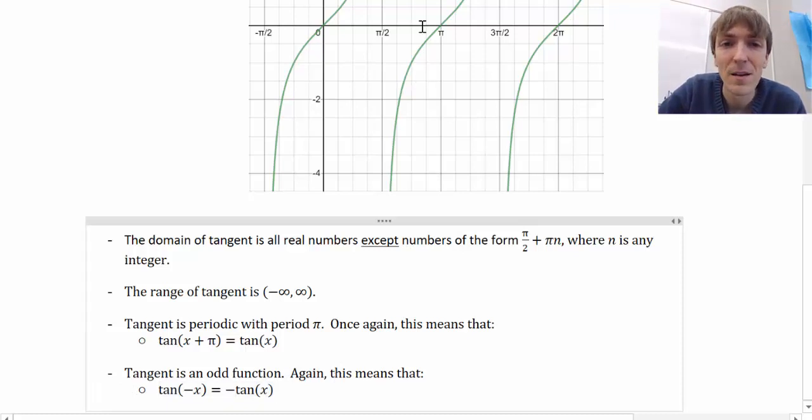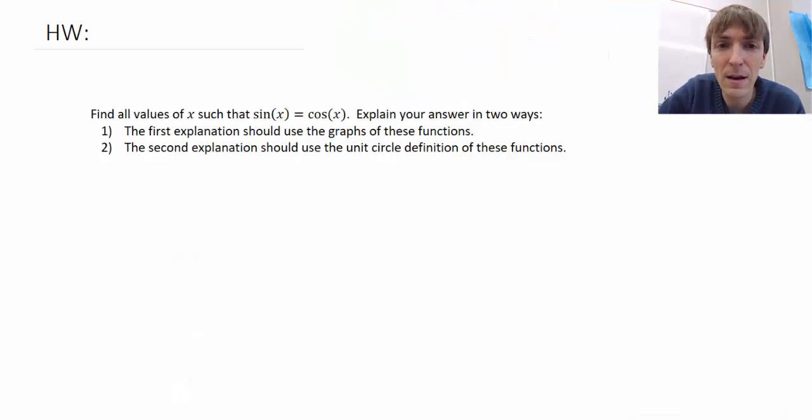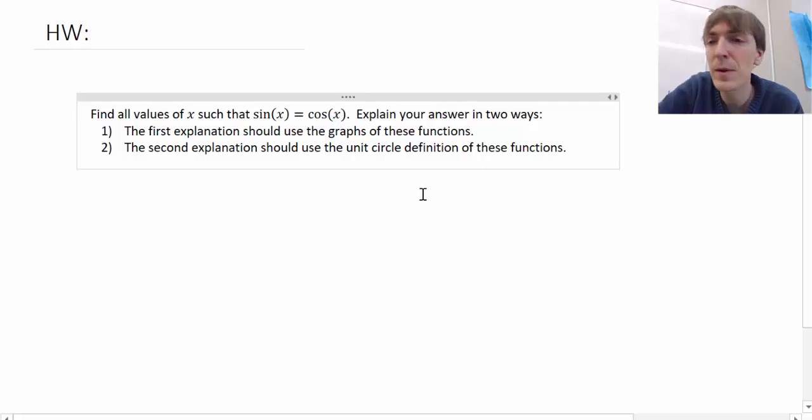All right. So for homework for today, I have something a little bit more abstract than I usually ask, but this is going to hopefully get you referring back to those graphs and thinking about them just a little bit more deeply. Shouldn't take you too long. I would like you to find all the values of x such that sine of x equals cosine of x.